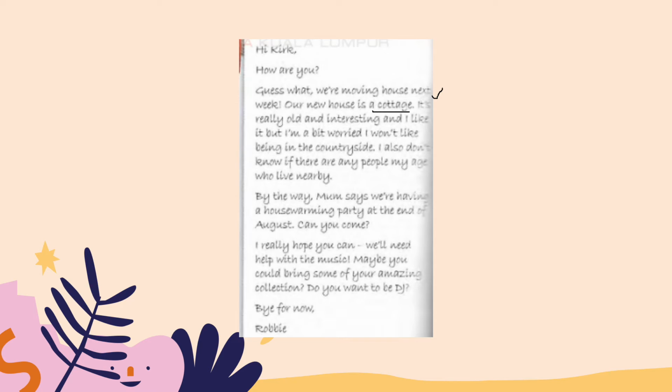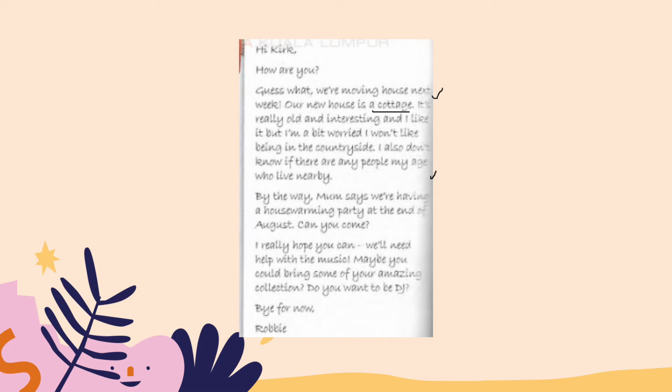A cottage is a very nice place, and usually we can find it in the countryside. We rarely find a cottage in the urban area. So that is why he let us know his concern that he doesn't know if there are any people his age who live nearby. So he wanted to look for some friends.